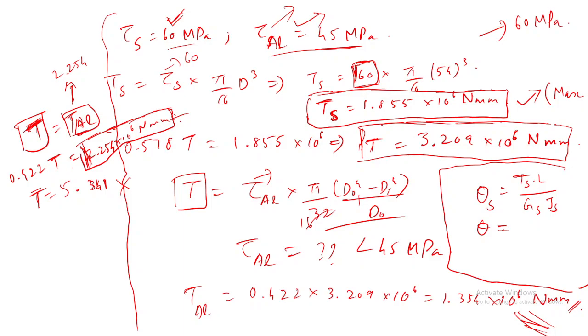Based on this you will get the final torque as 5.341 into 10 to the power of 6 Newton mm. But the maximum torque the steel section can sustain is only 3.209. So this condition fails. So the design is to be based on the steel section and not the aluminum section.